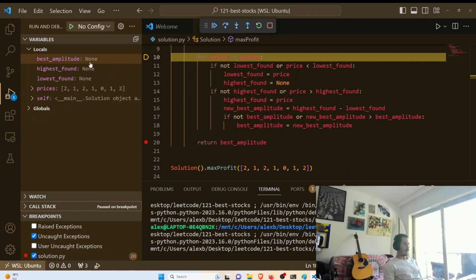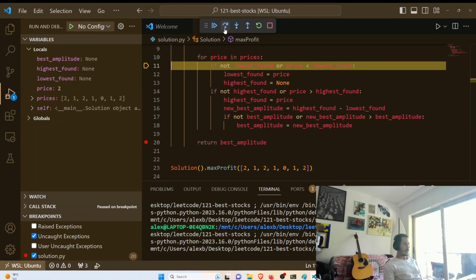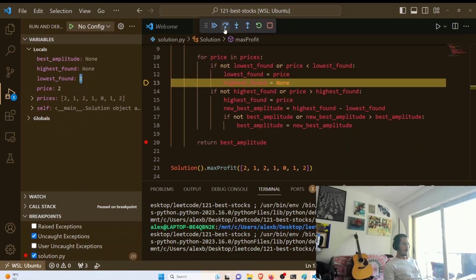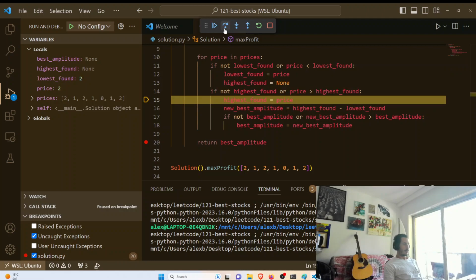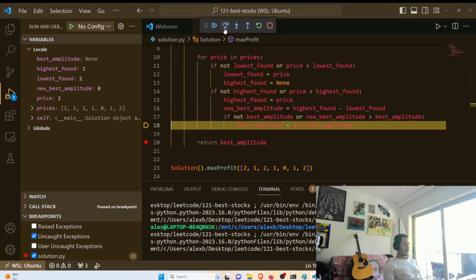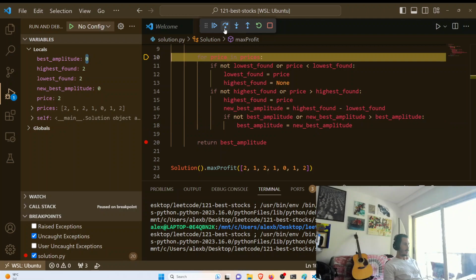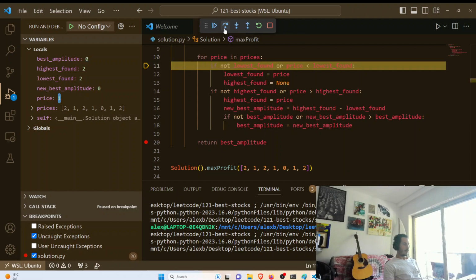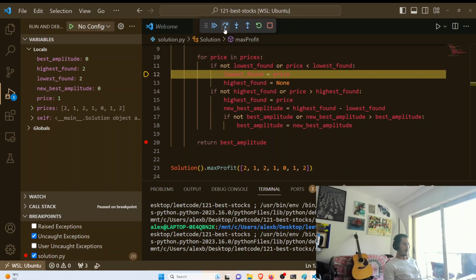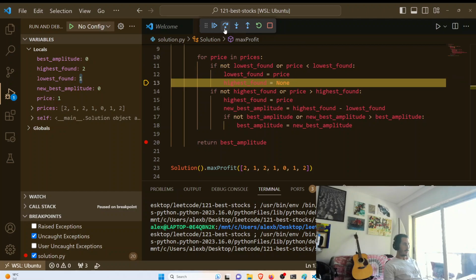So let's see, we have None, None, None, and then the prices. Okay, price is 2. The best amplitude now is 0. And now we keep going. Now price is 1. It's a new lowest found. Okay, cool.